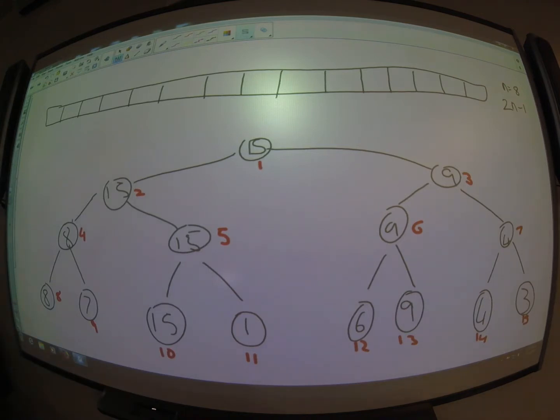So, now the program is starting. First thing, find out what is n. n is equal to 8. And I will have an array of size 2 into n minus 1, which is 15.